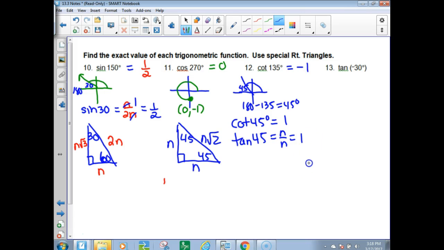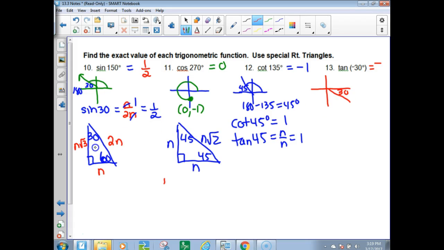So let's think about the tangent of negative 30. Now I'm going down 30 degrees. All Students Take Calculus. This answer is going to have to be negative because I'm in quadrant 4. Well, we need to find out what the tangent of 30 is.